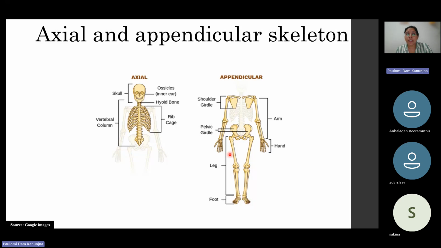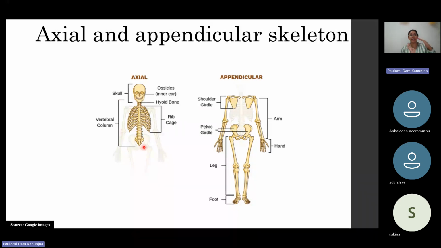The first topic that the lectures began with was axial and appendicular skeleton. If you remember, the axial skeleton is the skeletal portion covering the skull, ossicles, and the associated bones, then the rib cage, the hyoid, and then the vertebral column.